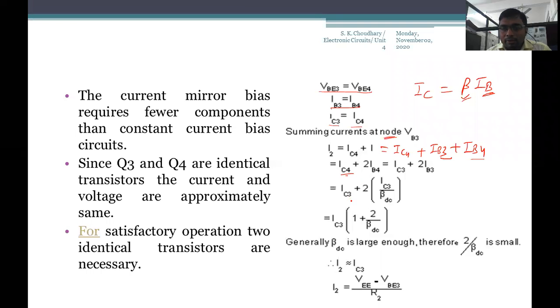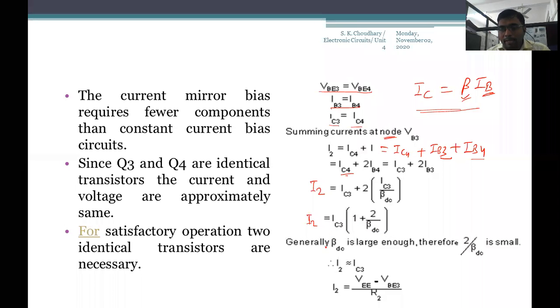Now you can further write I2 is equal to IC3 plus IB3 means what? According to this equation, it is IC3 upon beta DC. So we take IC3 common, and it becomes I2 is equal to IC3 into 1 plus 2 upon beta.